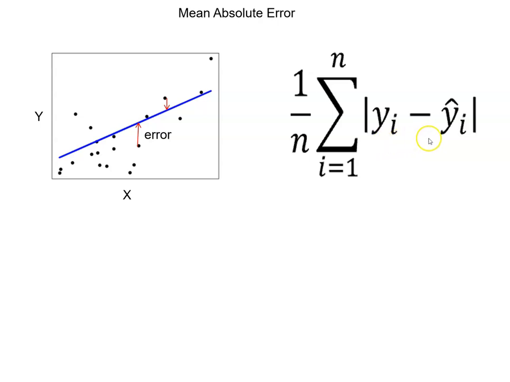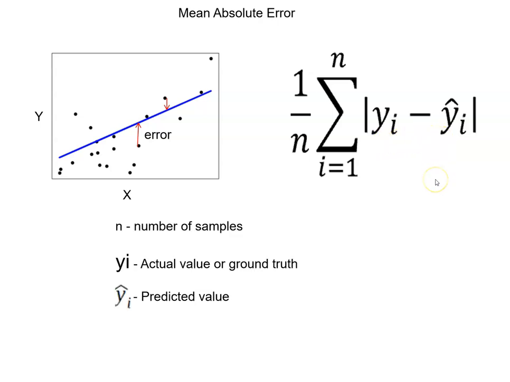So if the difference comes out to be negative, it is made positive, and then it is summed up and eventually divided by n, the number of samples. So this is how mean absolute error is calculated, and its range is again from 0 to infinity.